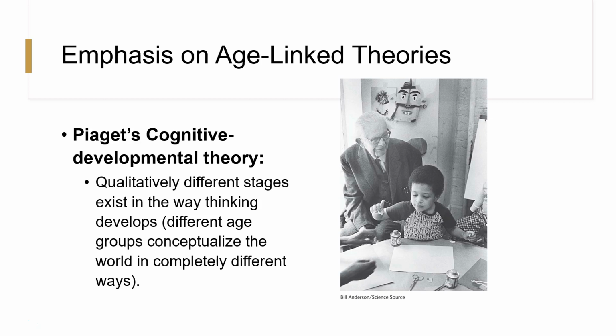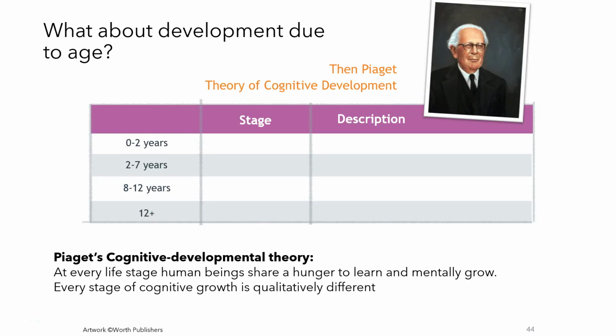And this is really a biological approach, more nature, that children can only really understand the world to a certain level based on their age and their brain development at that point. Then as their brain develops and they reach another age, they get to another cognitive stage.